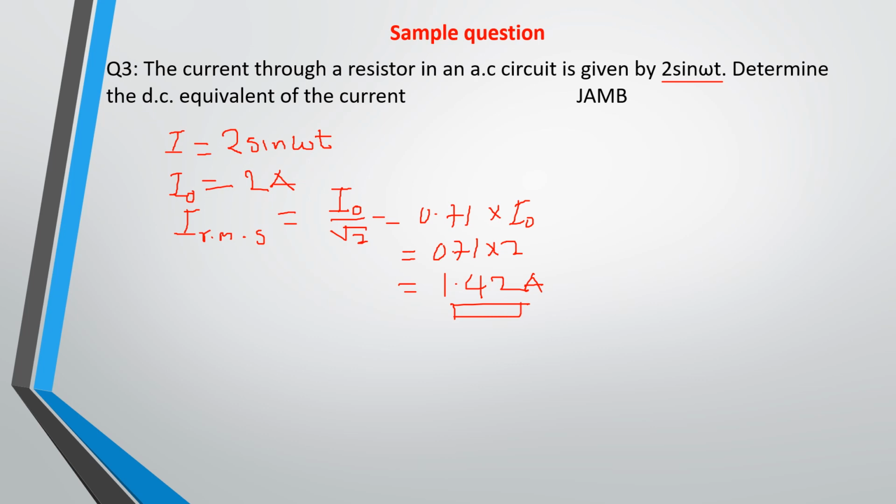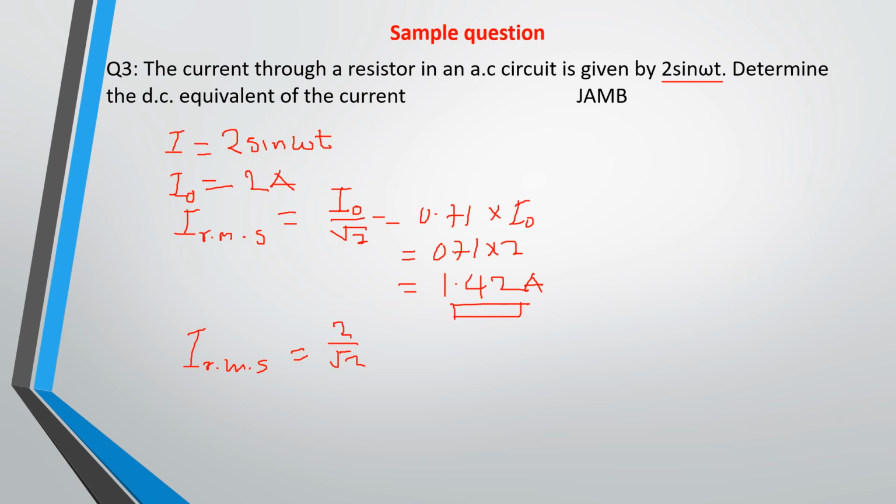But also you can still solve it from there. You can find the square root of 2, you will have the same answer. I0, that is 2 all over square root 2. This is a surd equation, right?